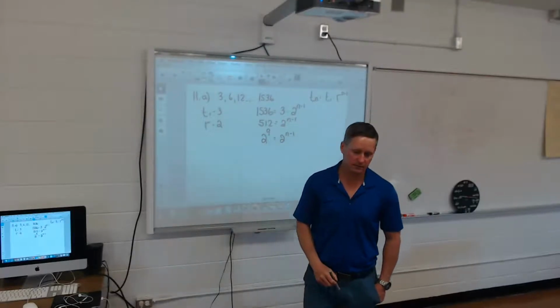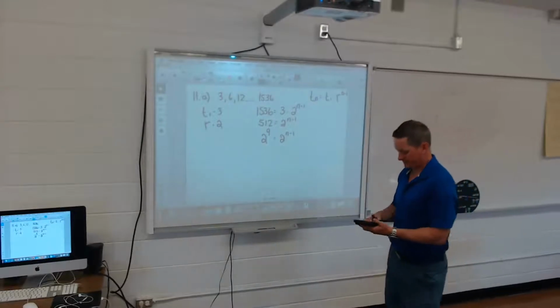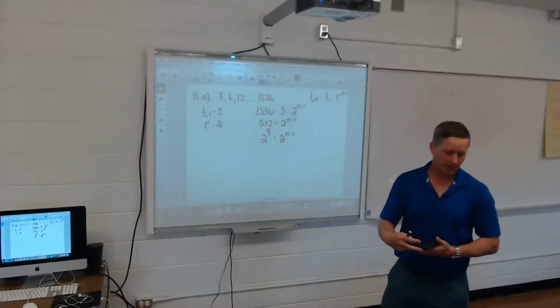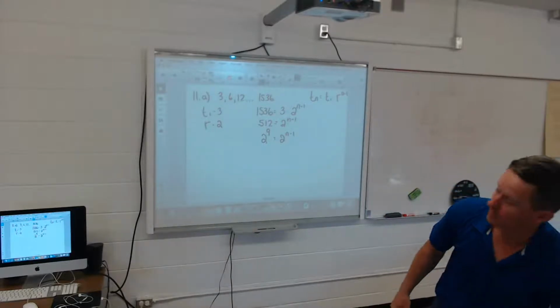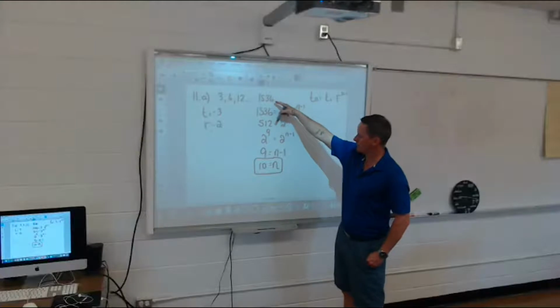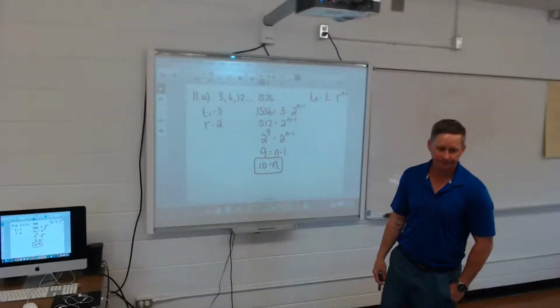I have to look, but I think it's 2 to the power of 9. Yeah. Okay, so the 10th term of this geometric sequence is 1536.